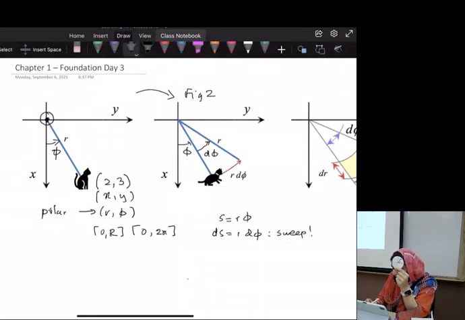So imagine if this point was x1, y1, what will this be? x2, y2? In this case, in polar angles, what would it be? R phi 2 and R phi 1. Make sense?